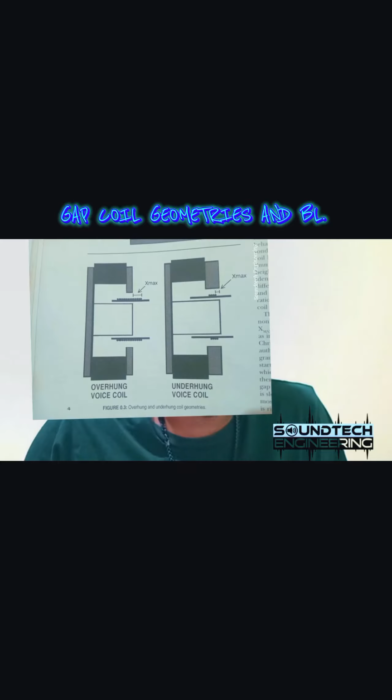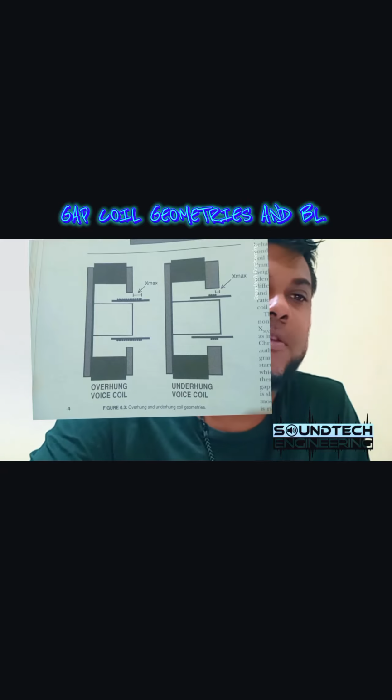Xmax can be calculated by taking the voice coil height, subtracting the air gap height, and dividing by 2. So you are seeing here the difference between the underhung and the overhung.